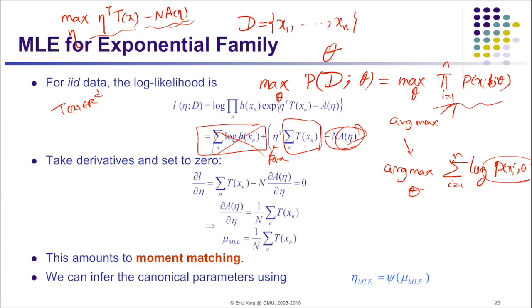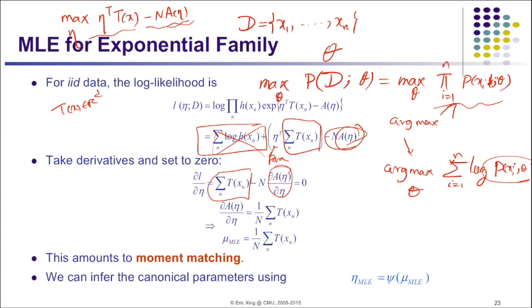So how can I get that unique maximum? Remember, let's call this L a loss function. If I take a derivative with respect to eta, I get the linear term, and I get the gradient of A. But remember, the gradient of A with respect to eta was the mean, right?